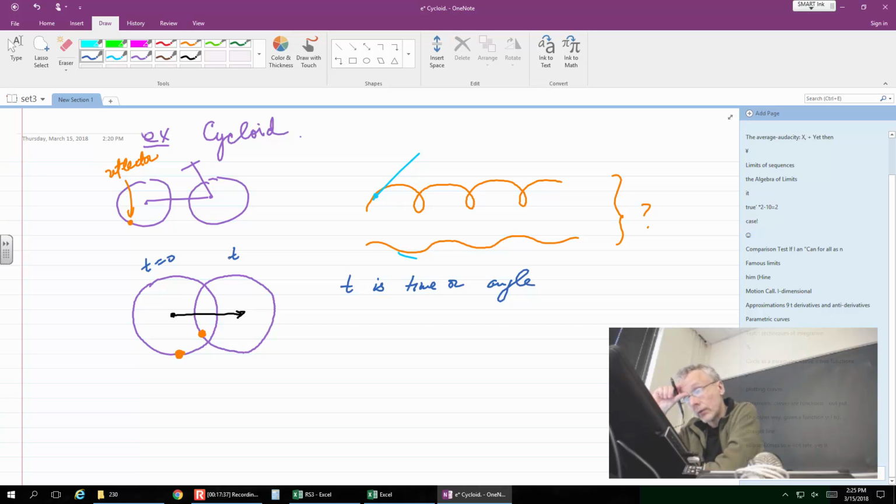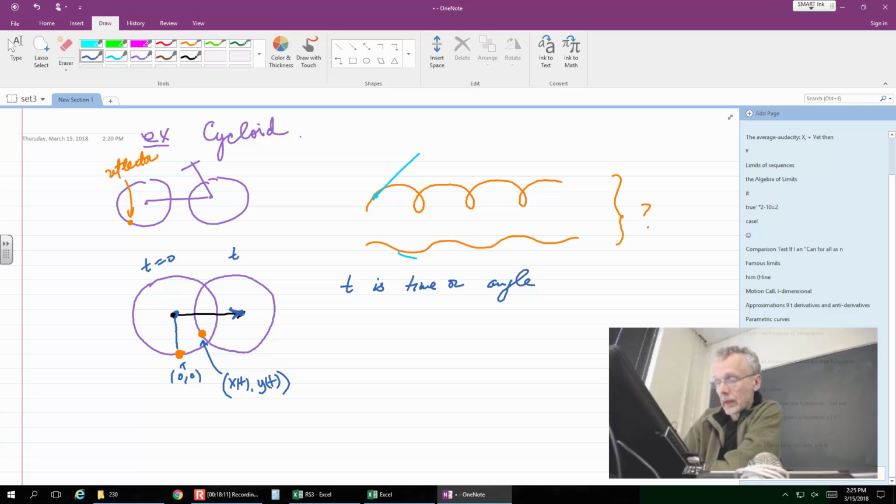Okay, so then we need to determine the coordinates of where that point is. Let's say 0, 0 is the initial location, and now we have a new location here. So this is it, and the other one is x(t), y(t). And we need to find these two functions as a function of t. This is vertical. Okay, so we need to know some trigonometry here, and then thinking of t as the angle.